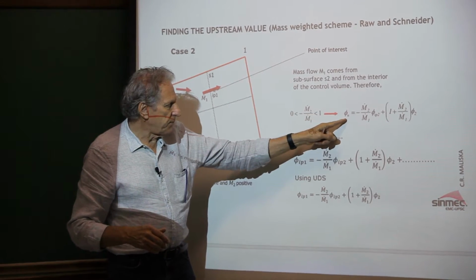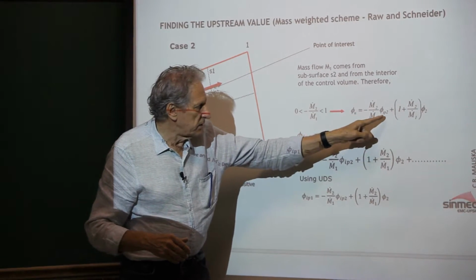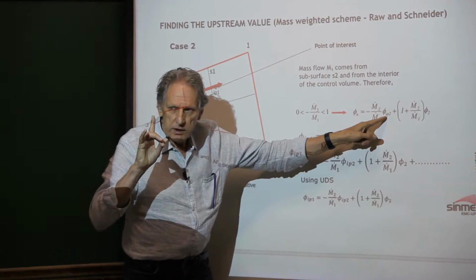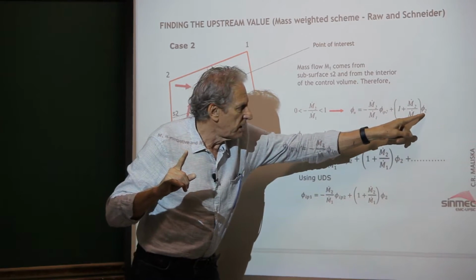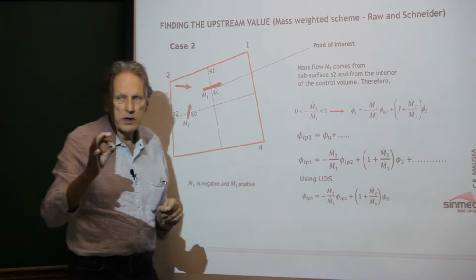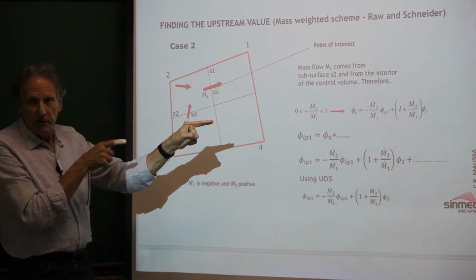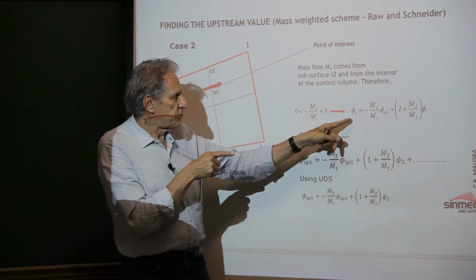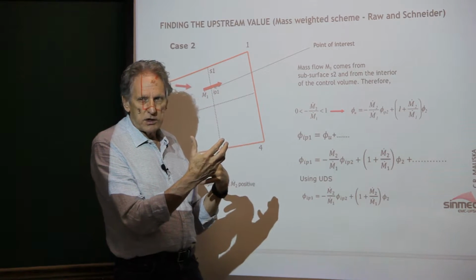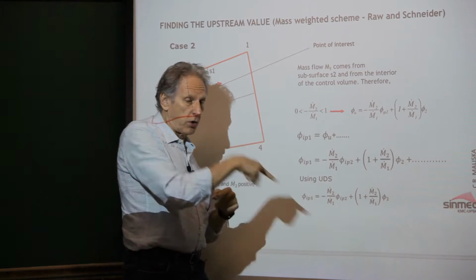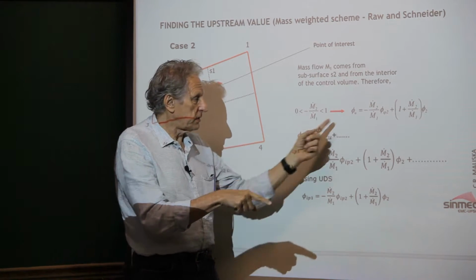The phi upstream will be dependent on phi at the integration point 2, and also phi 2 at the nodal point. So we are verifying here that the upstream is dependent on the nodal and also at the other integration point.